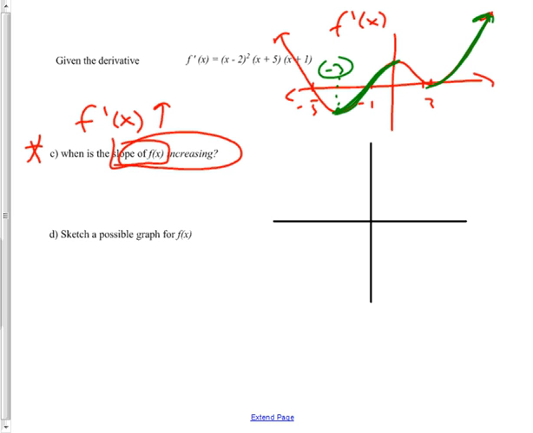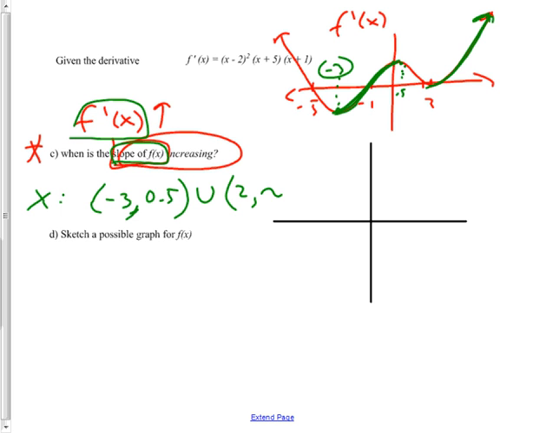So the slope of f of x is increasing, or f prime of x is increasing, for x being between the values -3 up until this point here. We're going to have to approximate that. It's roughly 0.5, just looking halfway between those points. And then from 2 onwards.